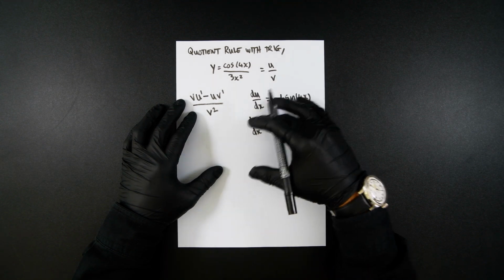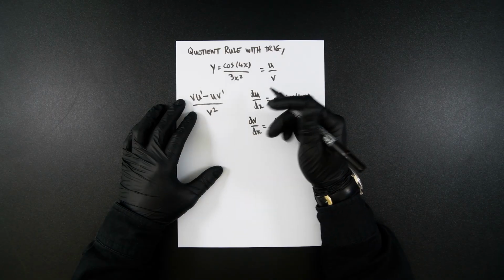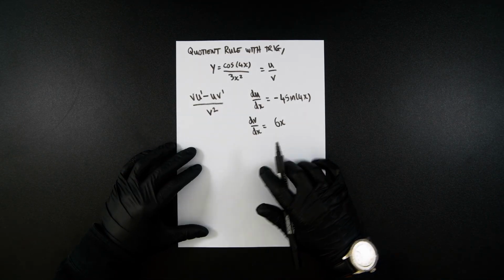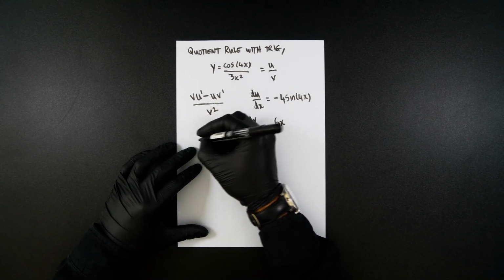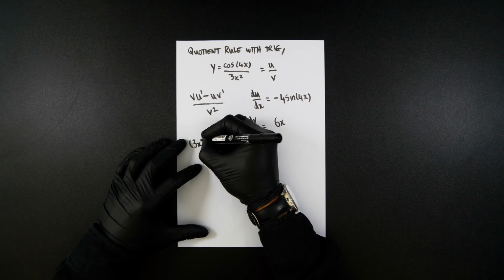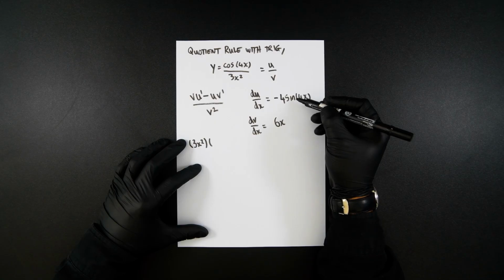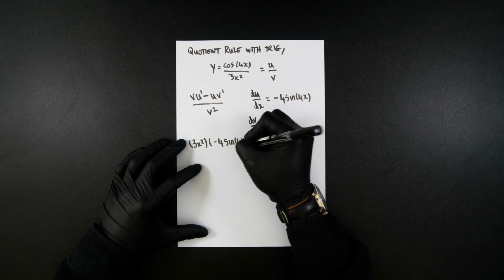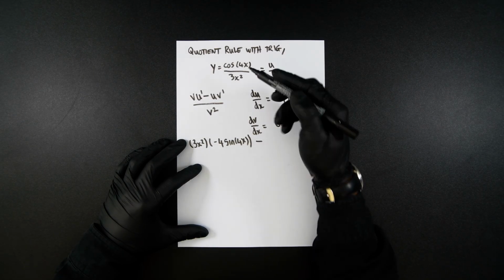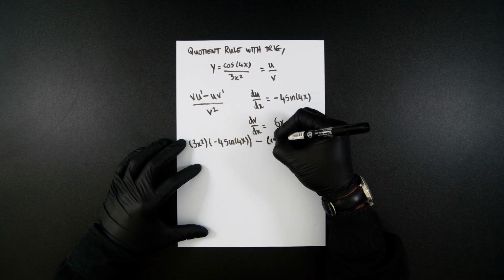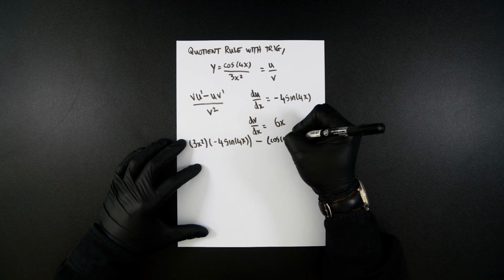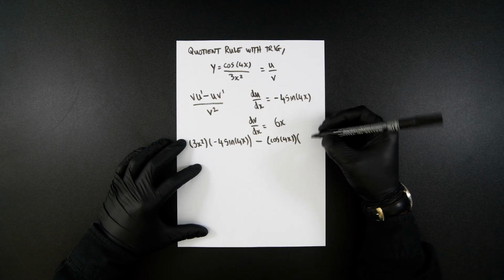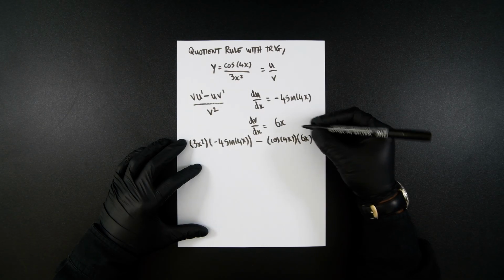Now we can substitute all of these in. We've got u, we've got v, and we can plop it into the quotient rule formula. So v is 3x squared, so 3x squared, u' is minus 4 sine 4x, minus u, which is cos 4x, and v', which is 6x right here.